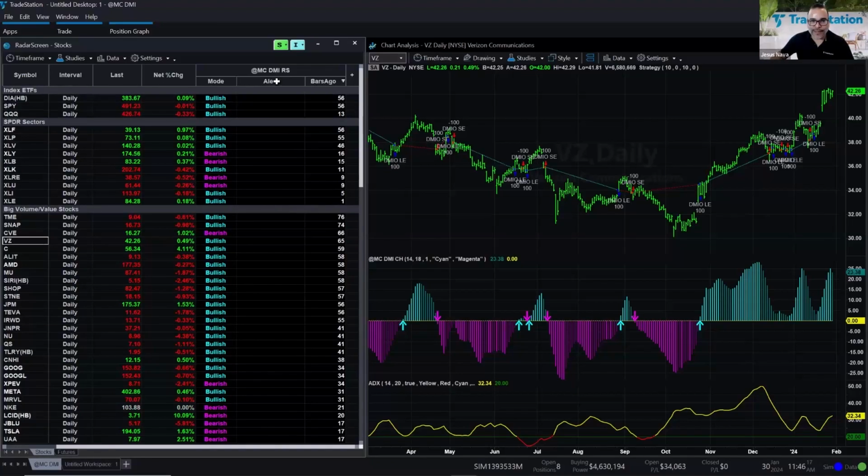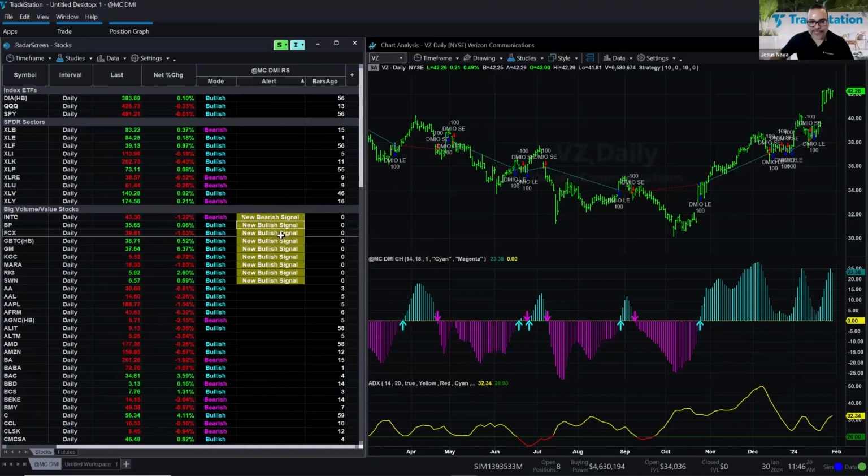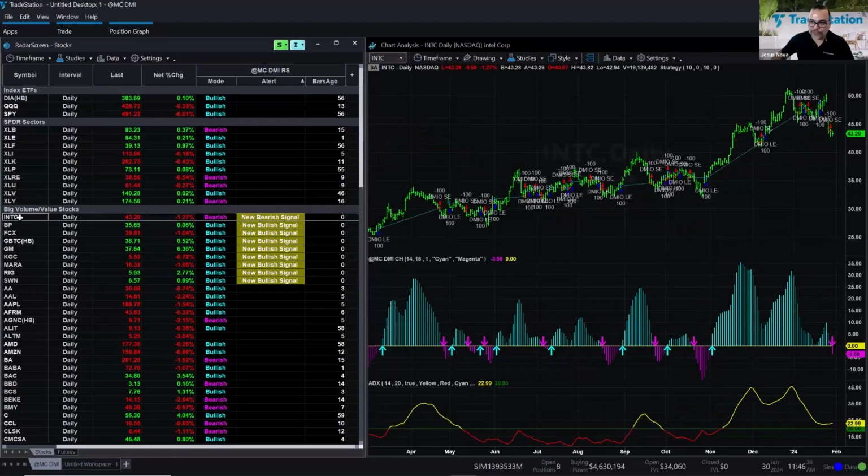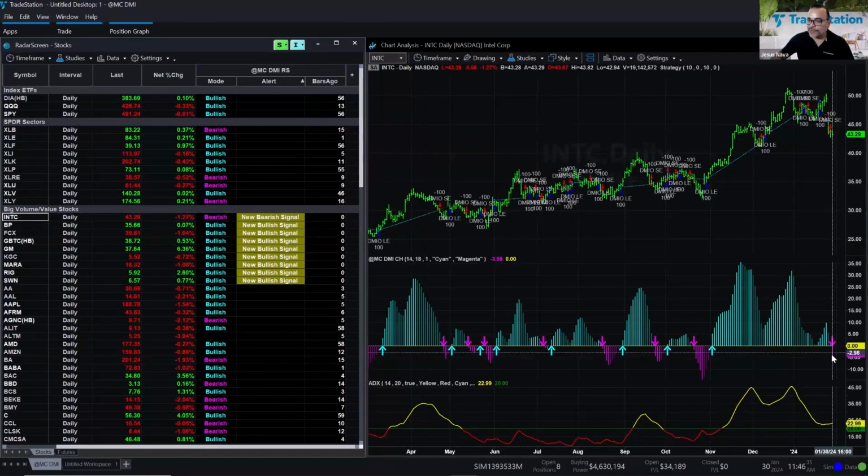If I sort by alert, I can see that there's 9 different symbols that are triggering the DMI alert as we speak. If we take a look at Intel, which we talked about just a moment ago, notice that it's triggering the bearish alert on that DMI.